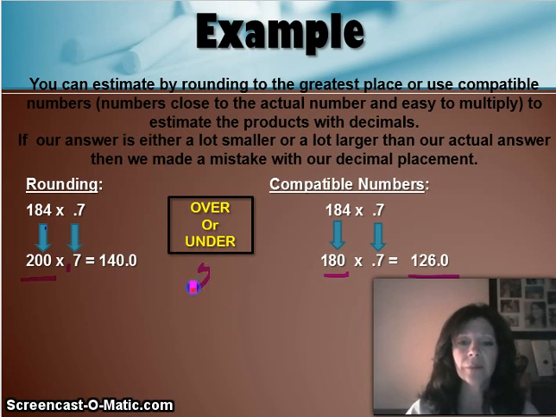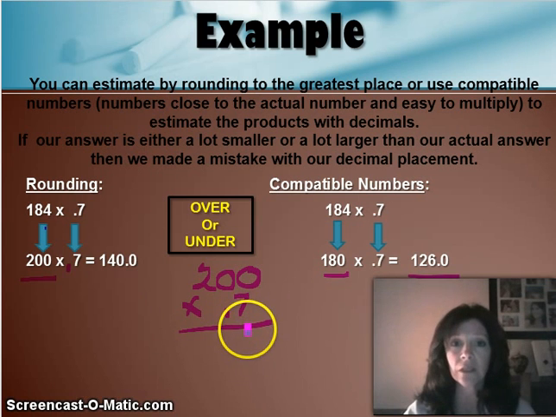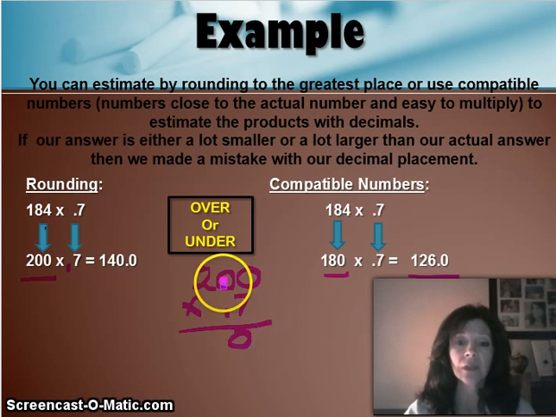When you multiply a number by a decimal, let's practice with 200 times 0.7. You multiply as usual, pretending that the decimal point is not there. So let's multiply. 7 times 0 is 0. 7 times 0 is 0. 7 times 2 is 14.